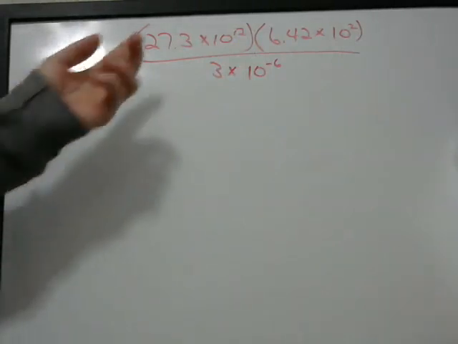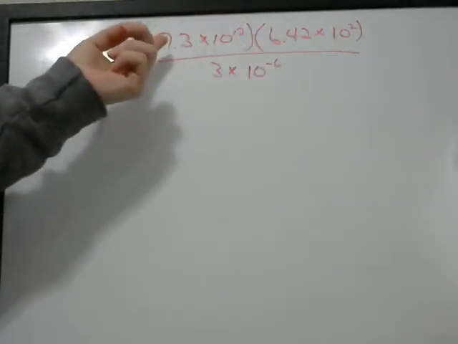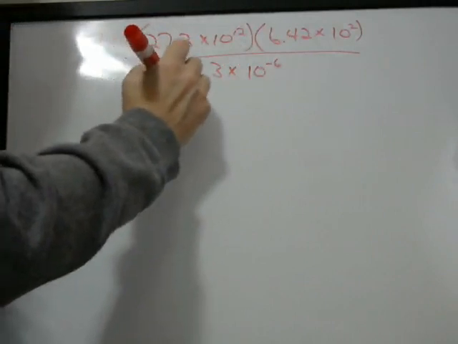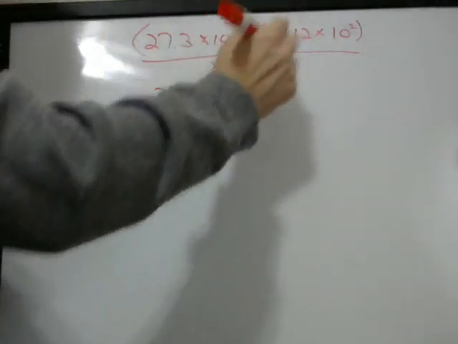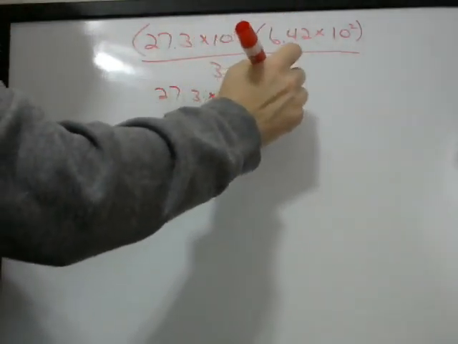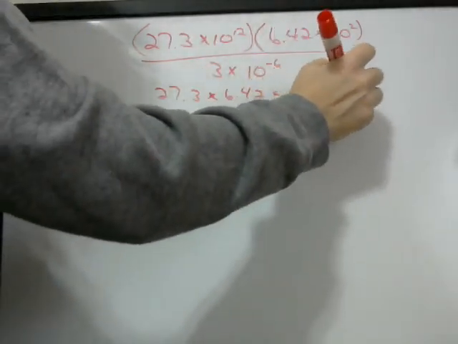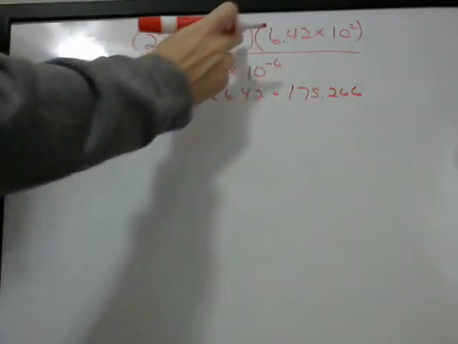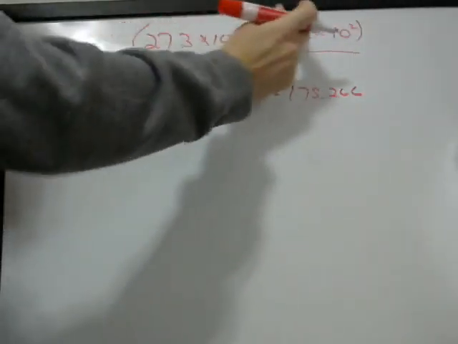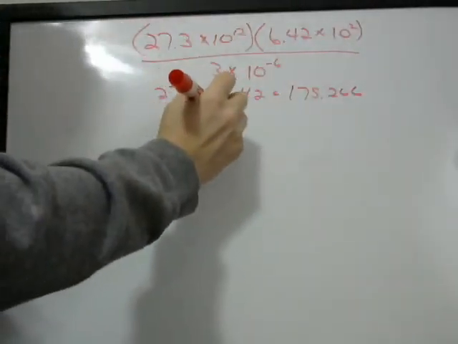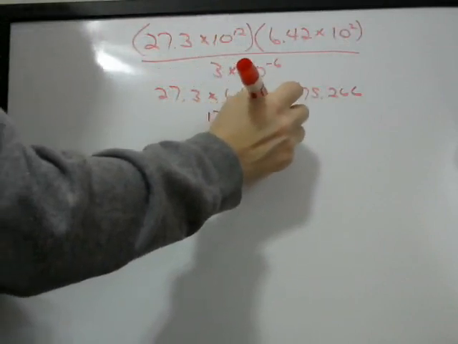So again, we're going to do multiplication first, so we're just going to do 27.3 times 6.42. That's going to give us 175.266. And then we're going to take our exponents, because here we're multiplying. So it's going to be 12 plus 2 is 14.